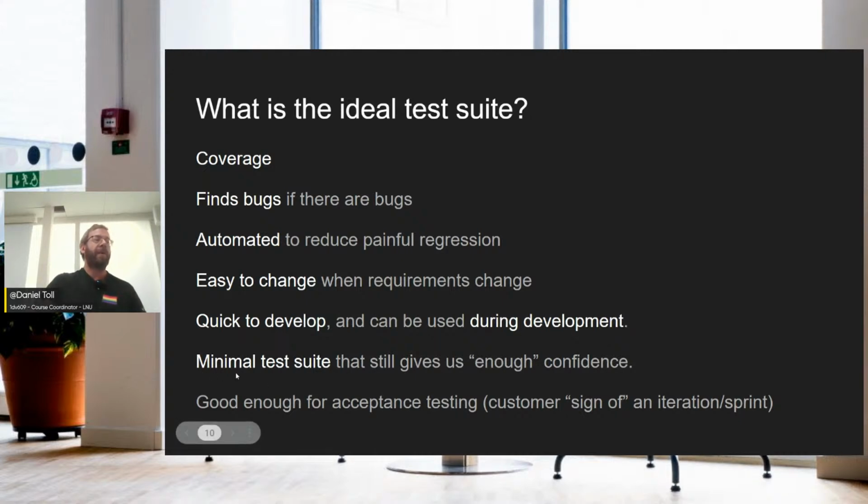We want to have it DRY, and that means that we want to have a minimal test suite that still gives enough confidence. And since we cannot do perfect here, we are not going to overdo the testing either. The amount of testing should be weighted against the importance of the system. What is at stake?